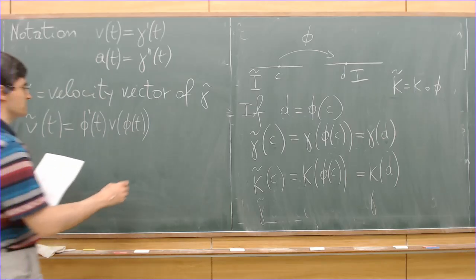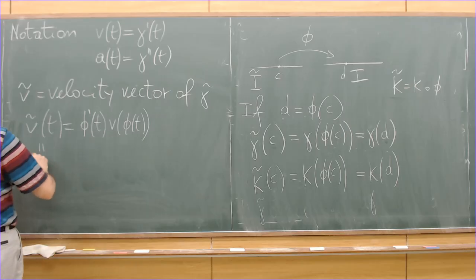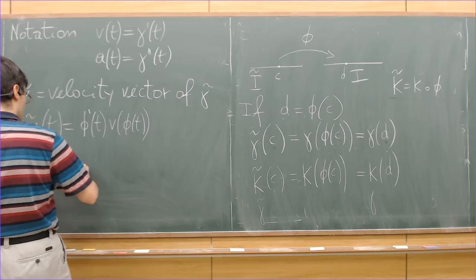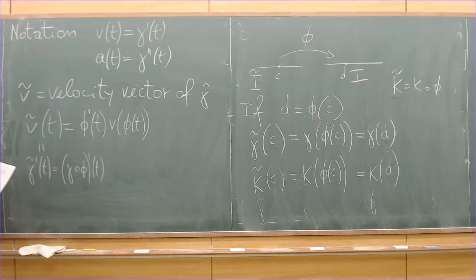Why? Because this is gamma tilde prime t, that is gamma composed with phi, prime, evaluated at t.